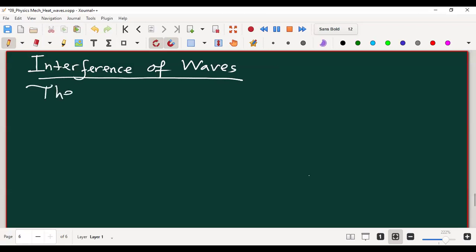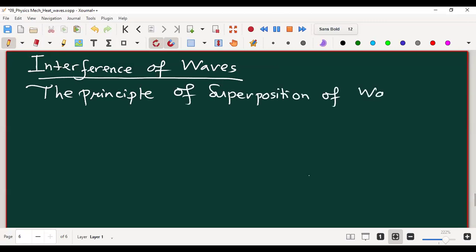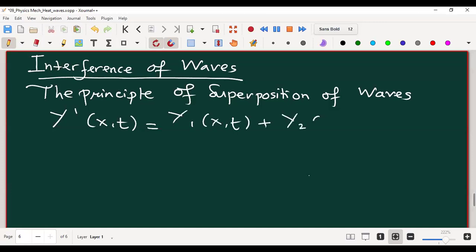The principle of superposition of waves. So we can define the superposition of waves as a function of x and t: this one is the first wave y1(x,t) plus y2(x,t).